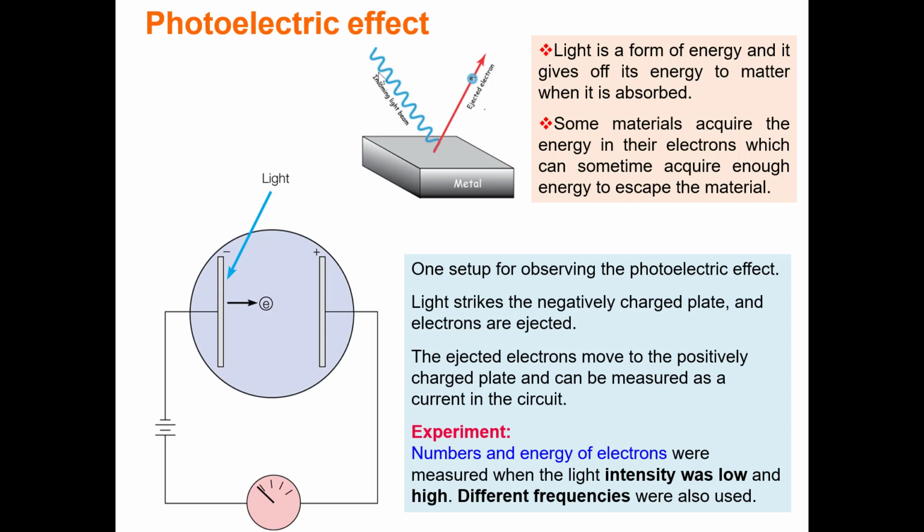If the incoming light beam gives enough energy to this metal, then the electrons get enough energy, and the electrons can escape from the metal.